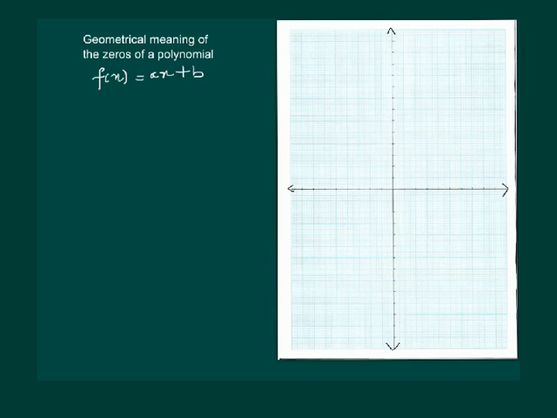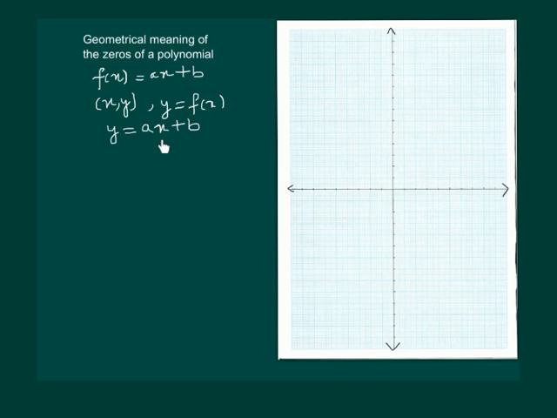The graph of a polynomial f(x) is the collection of all points (x, y) where y is equal to f(x). That means we will form the equation y is equal to ax plus b, and corresponding to each x we can find the value of y. In class 9th, we have studied that the graph of y is equal to ax plus b is a straight line.